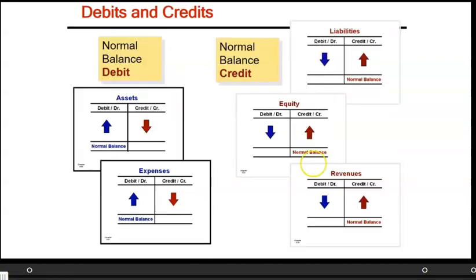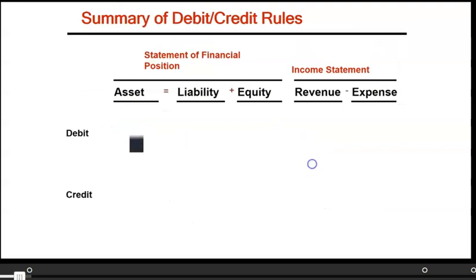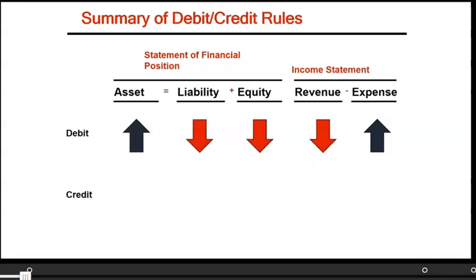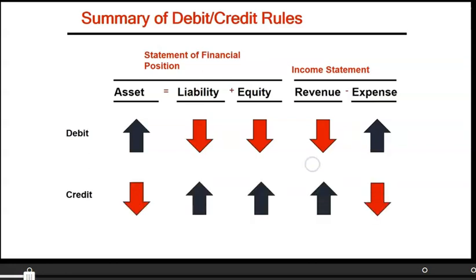So here are the rules. Assets increase on the left, decrease on the right. Expenses increase on the left, sorry. Liabilities increase on the right, decrease on the left. Equity increases on the right, decreases on the left. Revenues only go up, so they'll increase on the right. So again, assets increase on the debit side, and liability, equity, and revenue increase on the credit side.